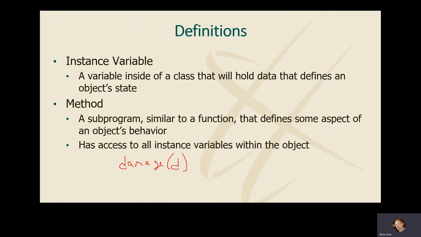But I've got a damage method, and I know I have an HP. Well, let's see. If my status is 2, because we said 2 is poisoned, then HP equals HP minus D times 2.